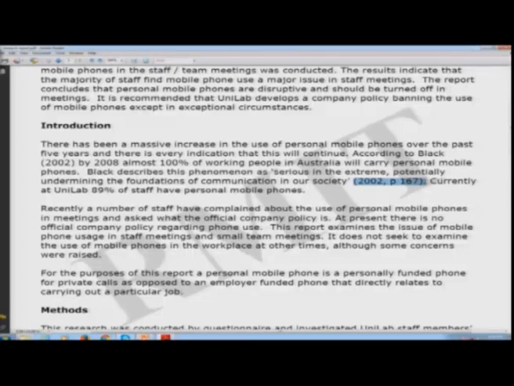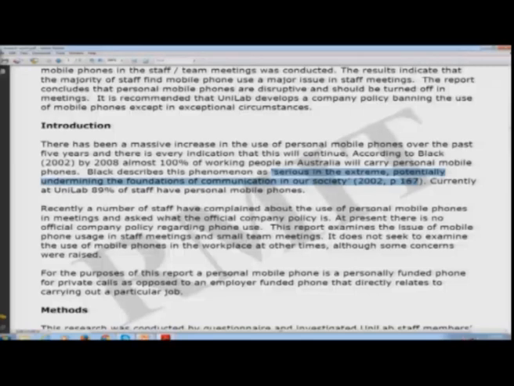So, here you can see the writer introduces the topic. The topic here is the use of personal mobile phones, specifically in Australia. The writer also refers to a study, Black 2002, which predicts that by 2008 almost 100% of people will have this, and this is going to be a very serious phenomenon.